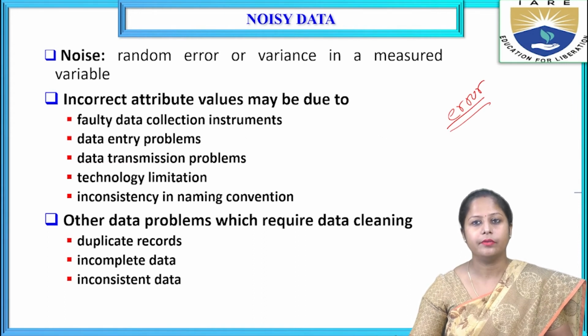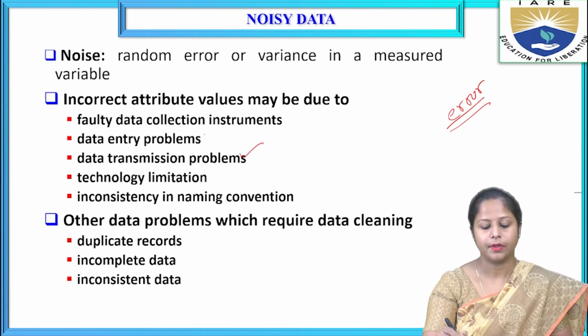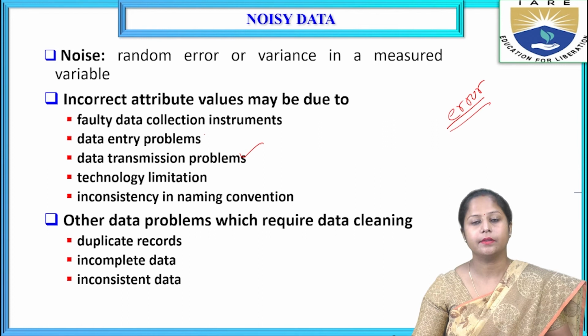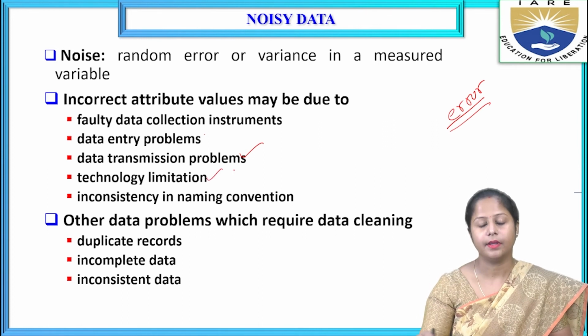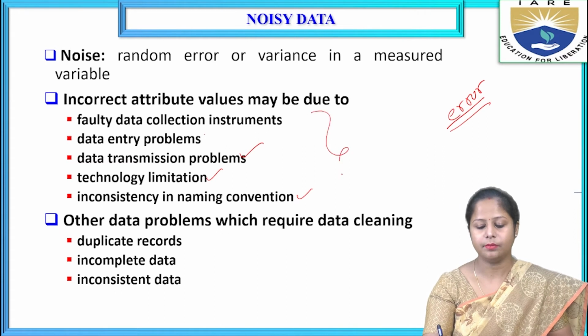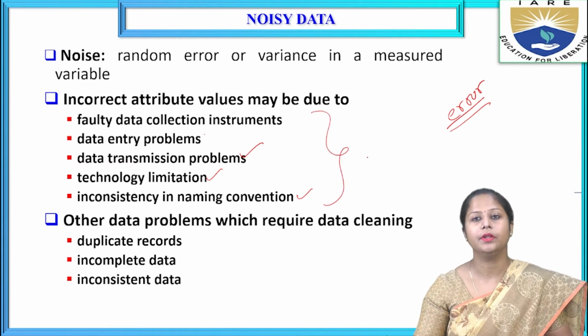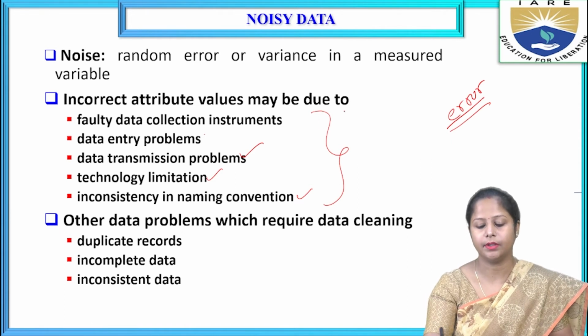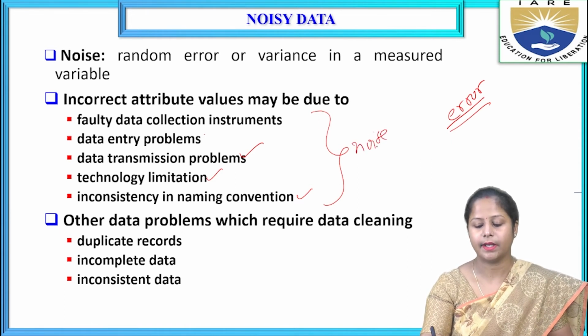Incorrect attribute values may be due to faulty data collection instruments, data entry problems, data transmission problems, technology limitation, inconsistency in naming convention. So these are some incorrect attributes, and the noise can happen because of these.